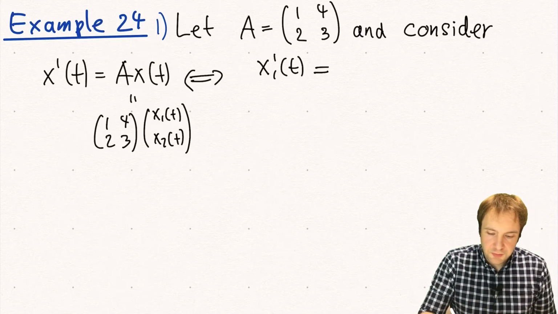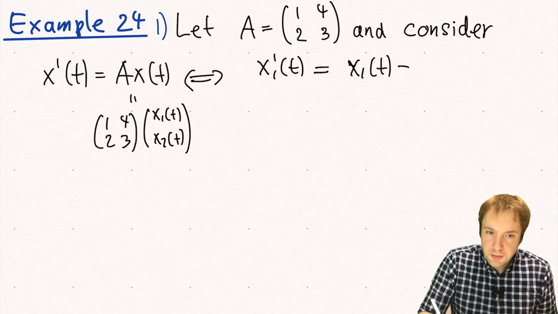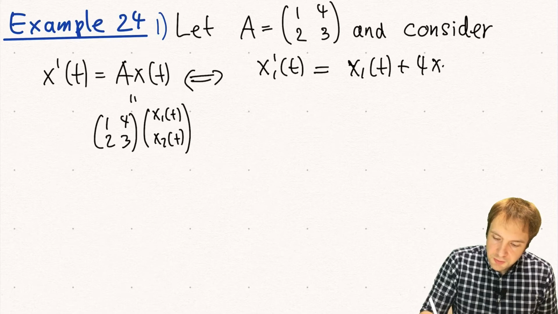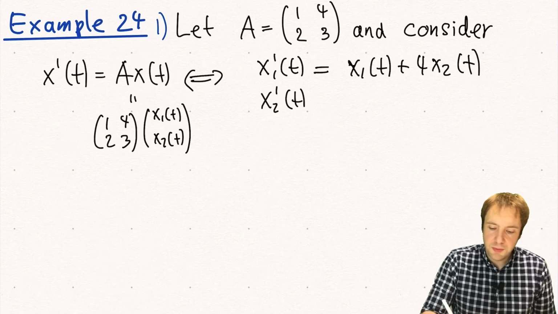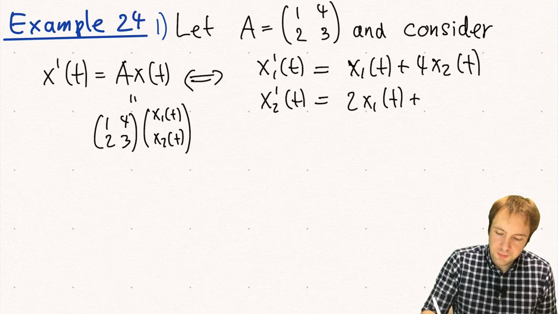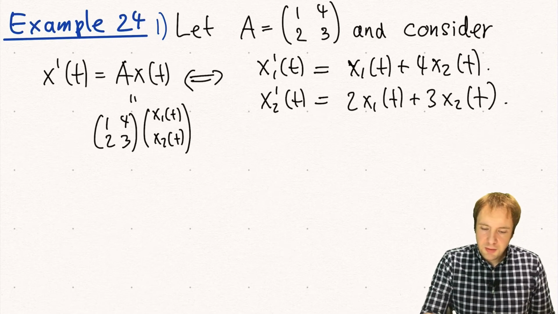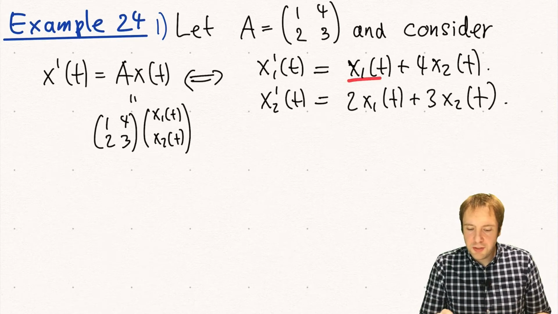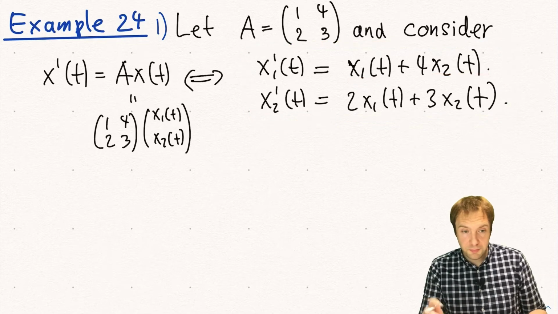So therefore the first entry is x1(t) plus 4 x2(t), and the derivative of the second function is given by 2 times x1(t) plus 3 times x2(t). And we are now looking for functions x1 and x2 such that this equation holds.